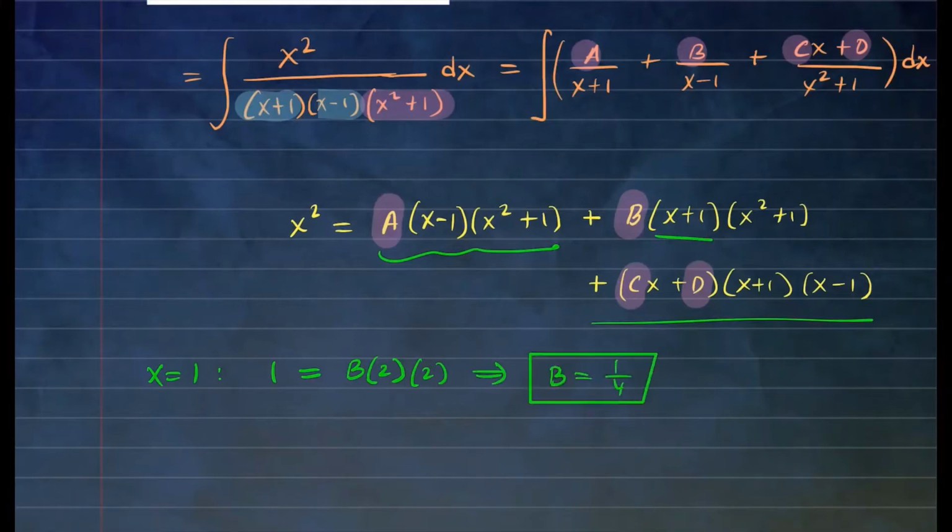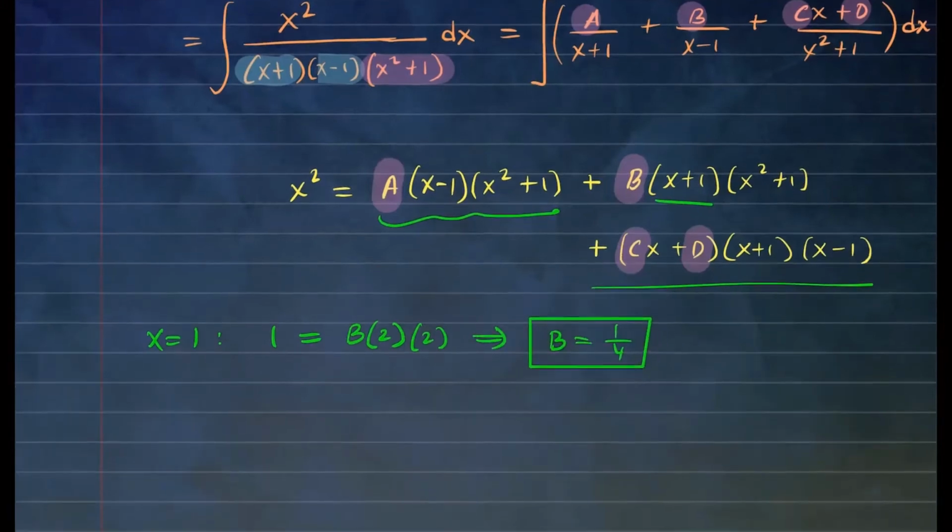All right, so that's good. Now let's pick another convenient value. I'm going with -1. If I pick x equal -1, this survives, but this will go to 0, and this will go to 0. So that allows me to solve for a. On the left side, you have (-1) squared, that's 1.